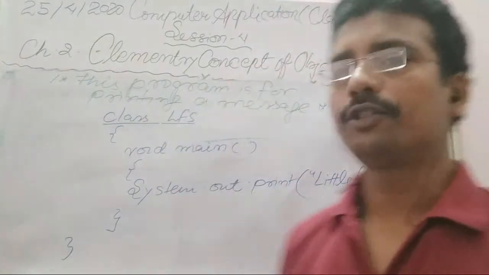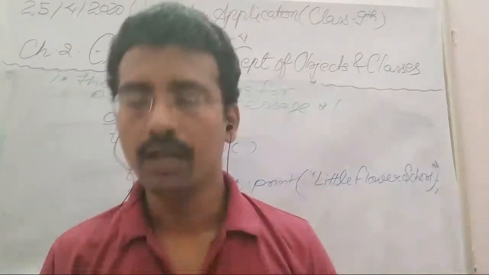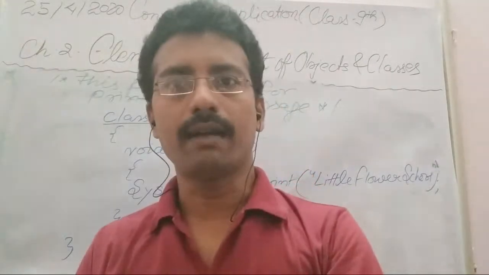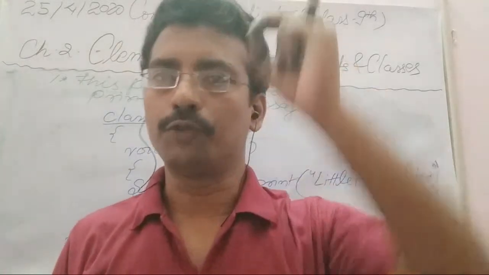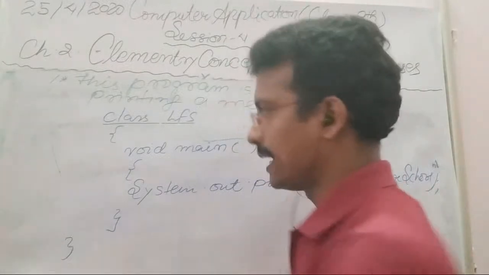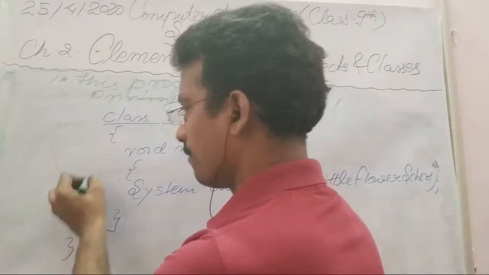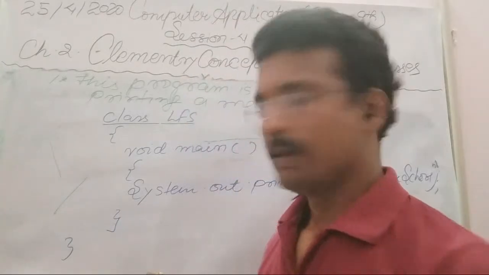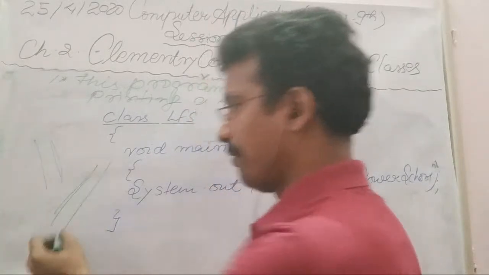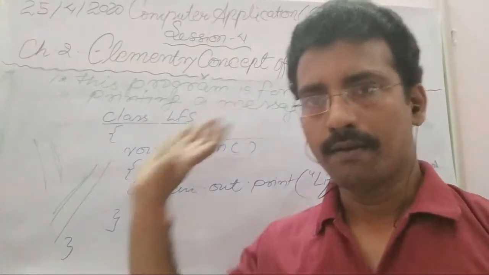So two kinds of comments are available in Java. One is single line comment, that is with the help of two forward slashes. What is the difference between the slashes? This is backslash, keep in mind, and this is called forward slash. Many times a student gets confused by writing it.